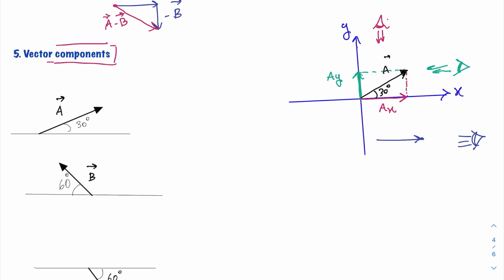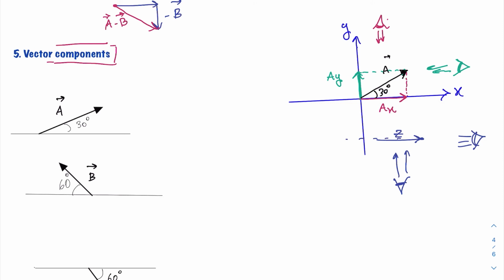So that means this vector, for example, let's say vector z, only has the x component, because if I look at the vector z from this angle, which is parallel to the y-axis, then I can see the vector.